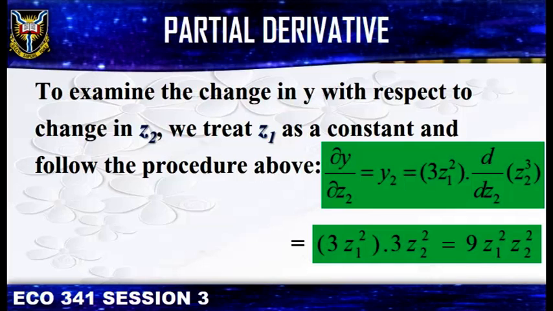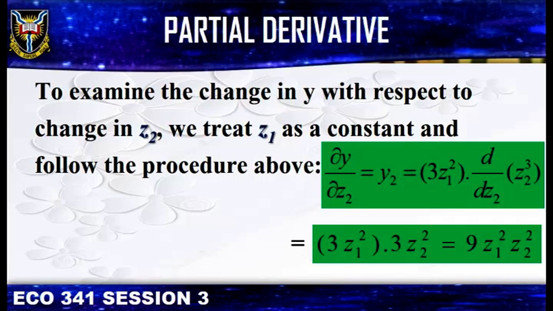Illustration 2. Find the partial derivative of the following function: y equals f(x, z) equals 5x cubed minus 3x squared z squared plus 7z raised to power 5.